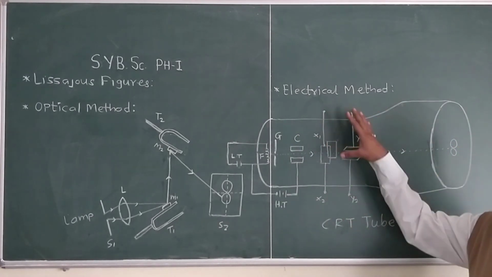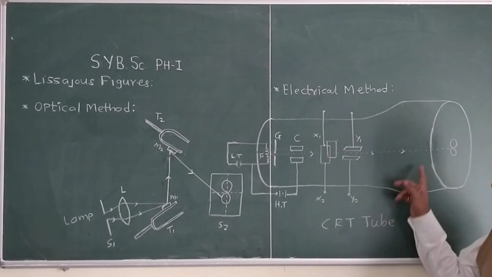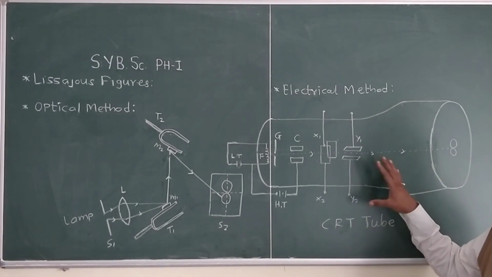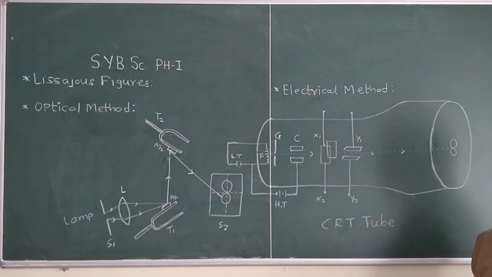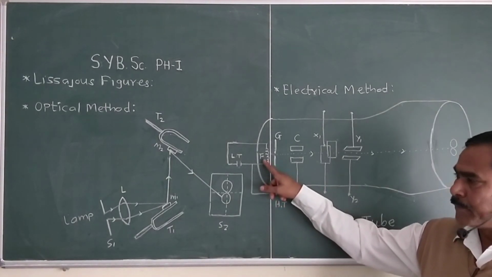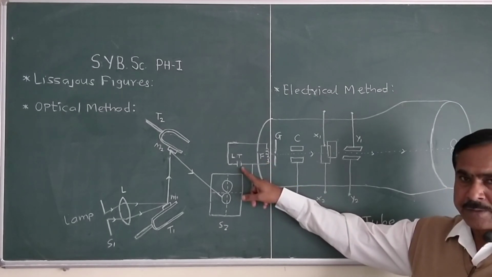In the electrical method we use the CRO, that is the cathode ray oscilloscope, and this is the CRT tube. First we consider the structure of the CRT tube. The first part is the filament F, which is connected to the low tension battery.